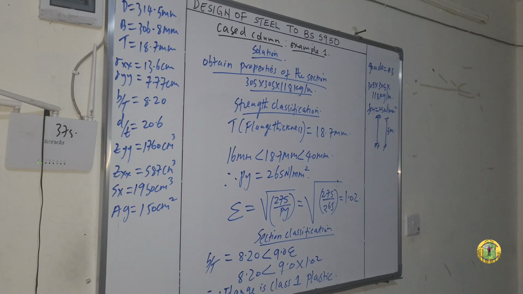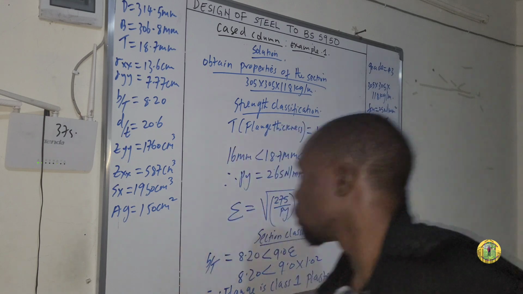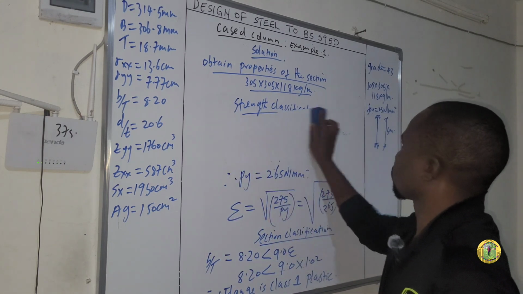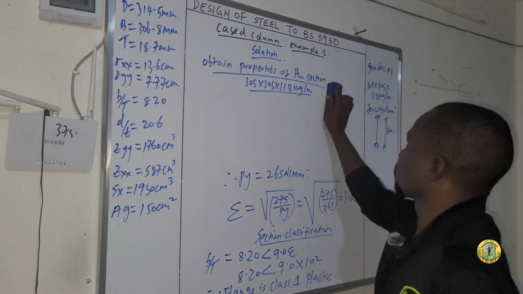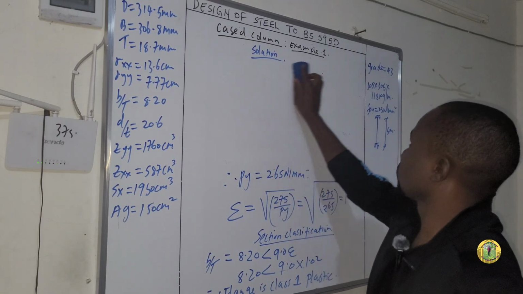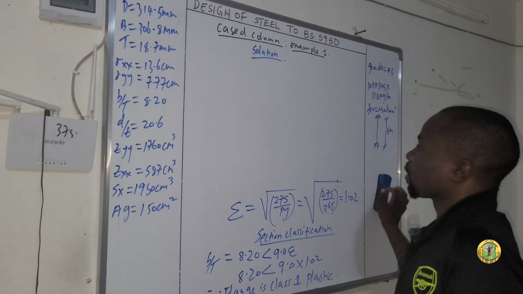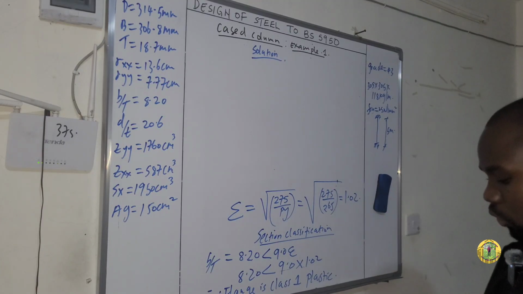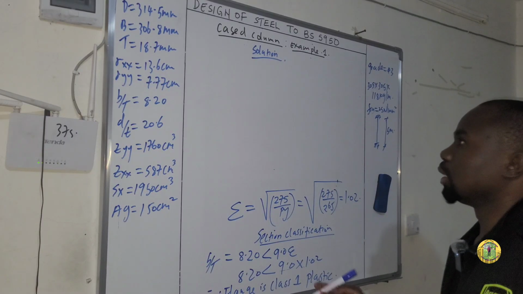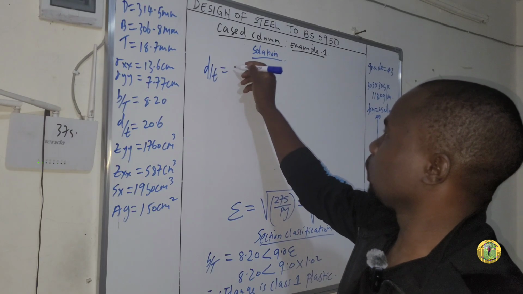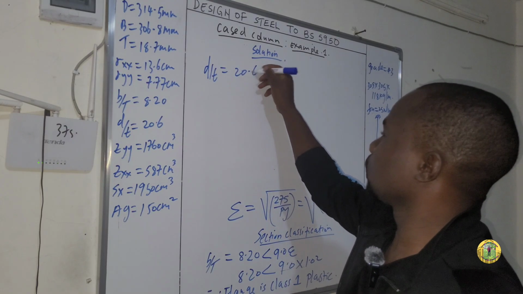We now proceed to the web. So for the web, we will use a ratio of small d over t, which is equal to 20.6.